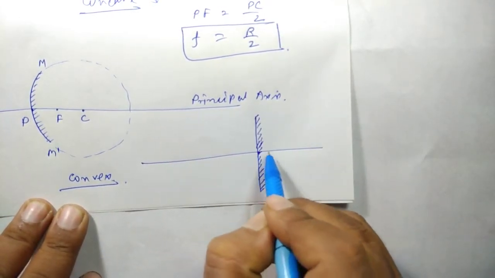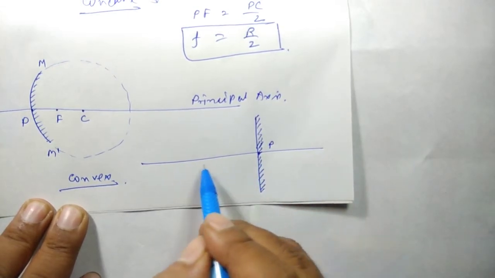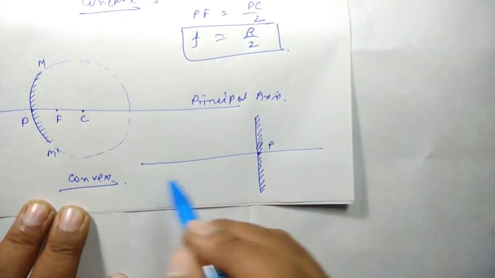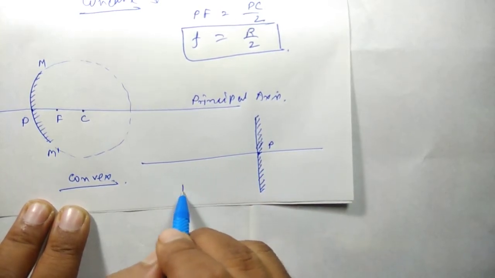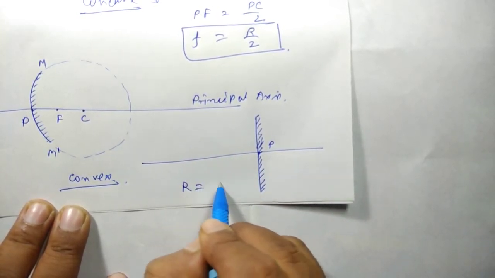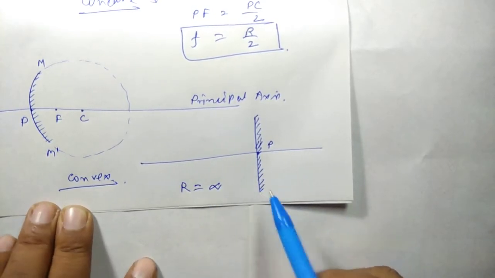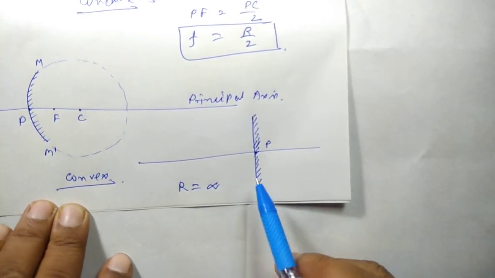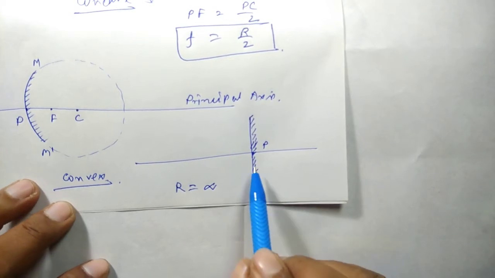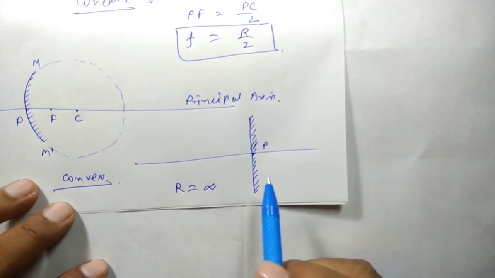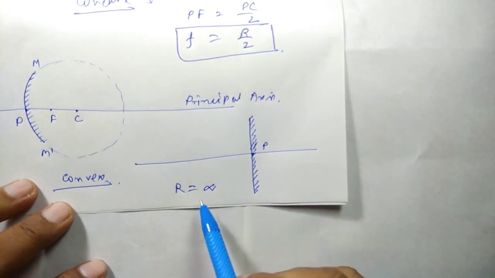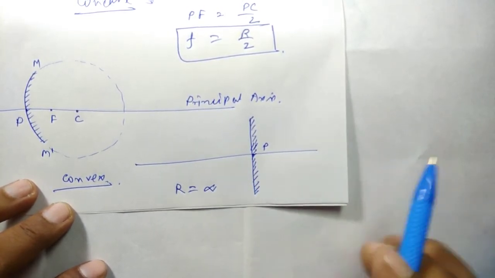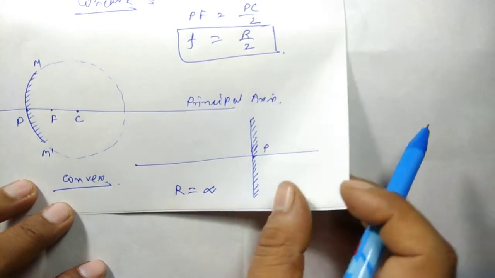That means the pole will be P and the center of curvature C will be at infinite distance from P. So the radius of curvature R equals infinity for a plane mirror. Just to finish it off, a plane mirror can also be termed as a spherical mirror of infinite radius of curvature, or infinite focal length.